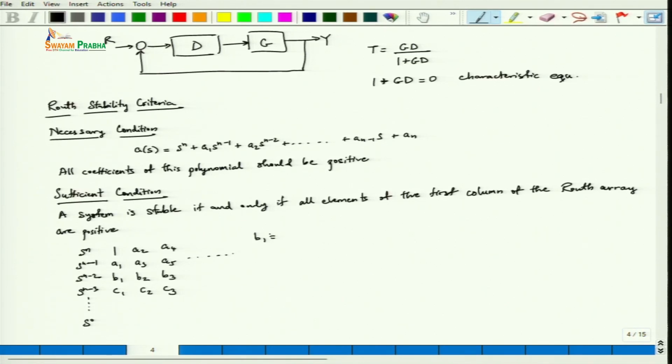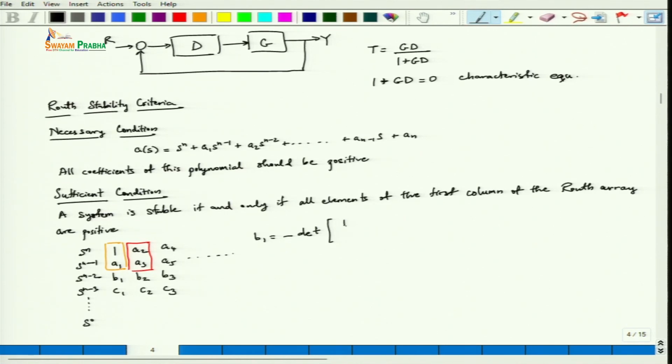So b1 is basically a negative determinant. We'll formulate a matrix. For this, we look for these b1, b2 and b3. The first column of this matrix will be this first column here. Now for b1, the second column will be the next column.